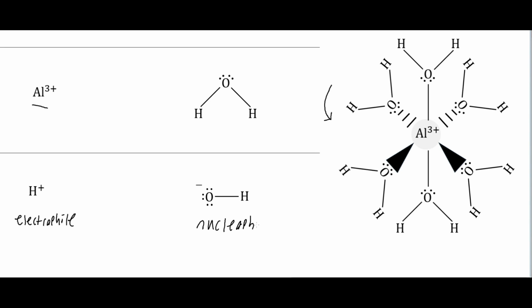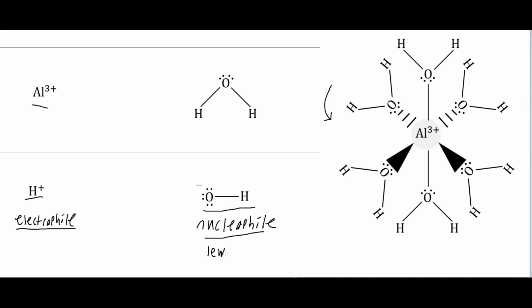And so the Bronsted-Lowry acids and bases are actually a specific or particular case of Lewis acids and bases, where Lewis acids and bases are much more general than Bronsted-Lowry. But the Bronsted-Lowry acid, the H plus ion, is in fact a Lewis acid as well. And the sort of canonical Bronsted-Lowry base here is in fact a nucleophile, or Lewis base as well.